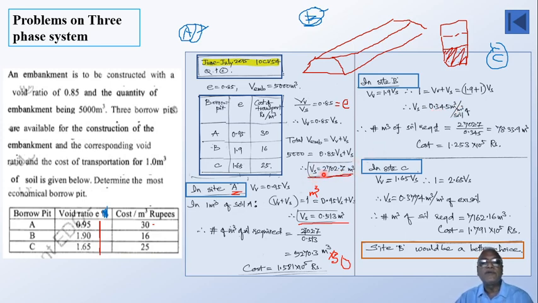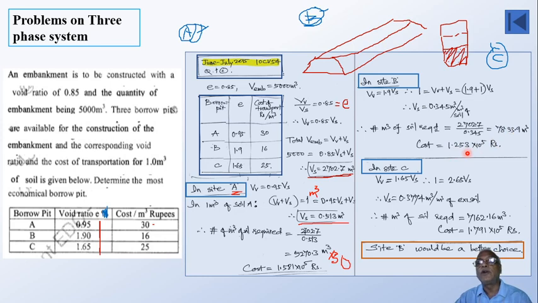The requirement is 2702.7, so the number of meter cube of soil to be brought is 2702.7 divided by 0.345, which is equal to 7,833.9 meter cube of soil to be brought from site B. But the cost of this is only 16, so if I multiply by 16, I should get 1.253.